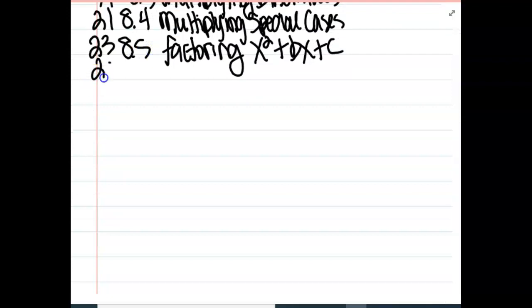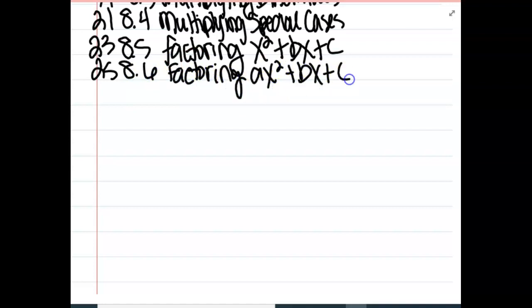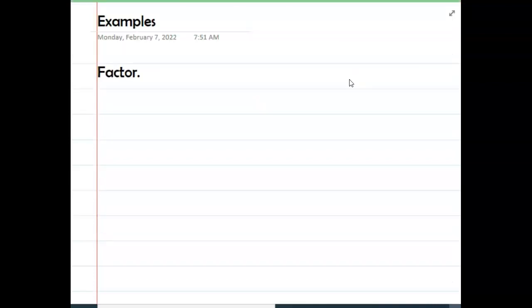Should be section 8.6, and we are factoring ax squared plus bx plus c. I really do think it's important that you guys understand the box method. So what I would like to do is do maybe just the first two examples doing the box method, and then we'll do the last four doing the airplane method.